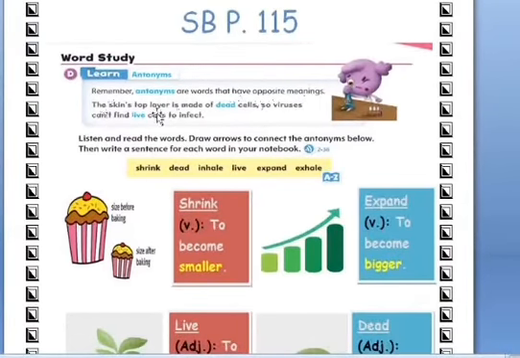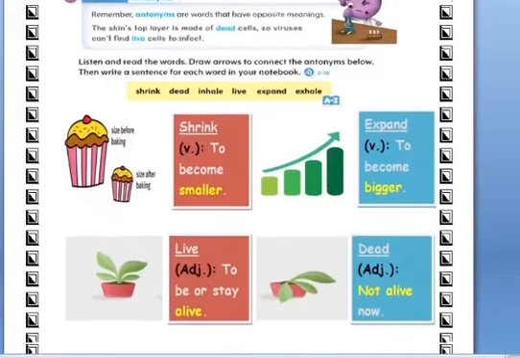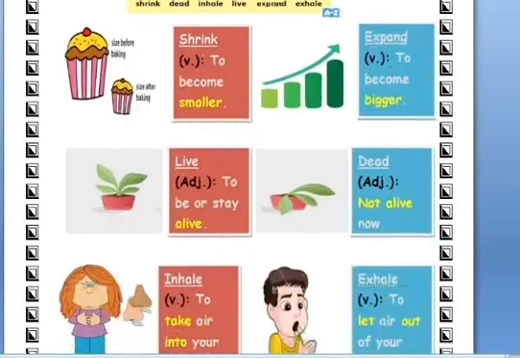The skin's top layer is made of dead cells, so viruses can't find live cells to infect. So that is an antonym to the word live. Now, the words that we have in the book are shrink, dead, inhale, live, expand, exhale.